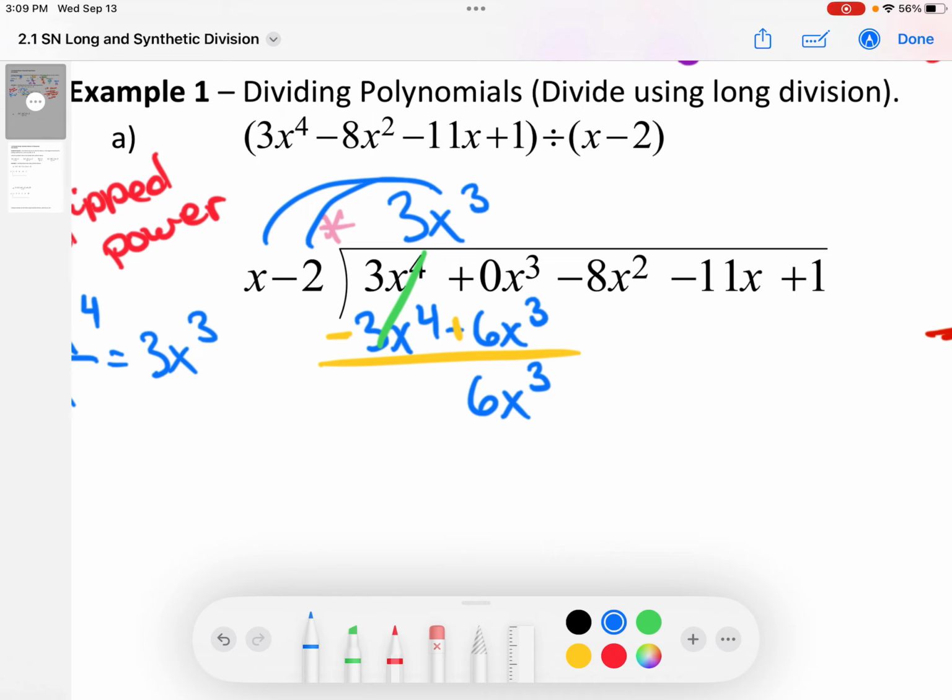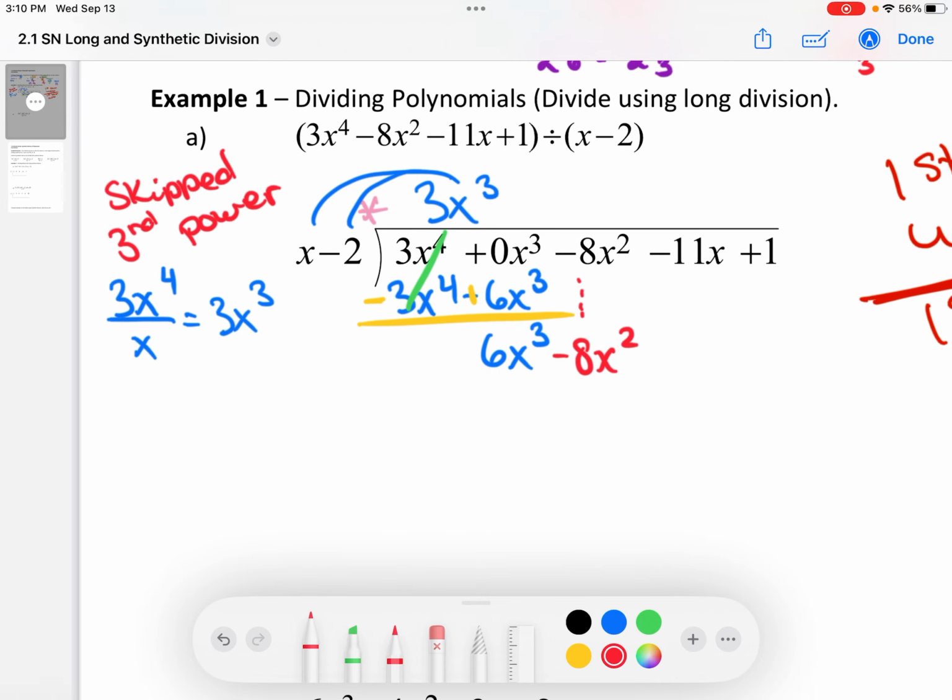Now, that's why we needed the 0x to the third term, so that when we started combining like terms, we would have them lined up. Now, do what we did before, bring down the next term, that's minus 8x squared. And then we'll do the same process again.